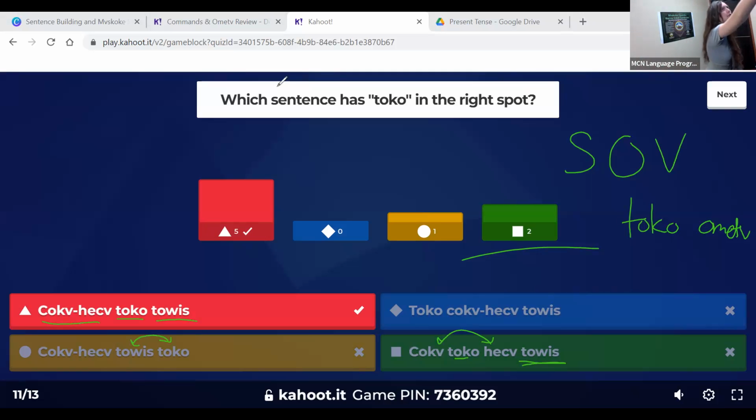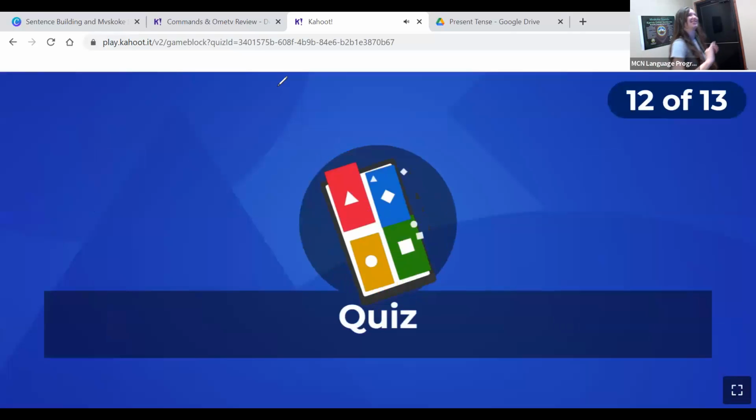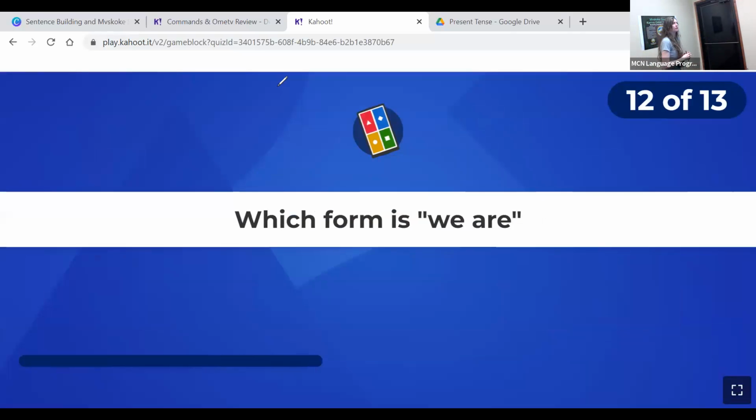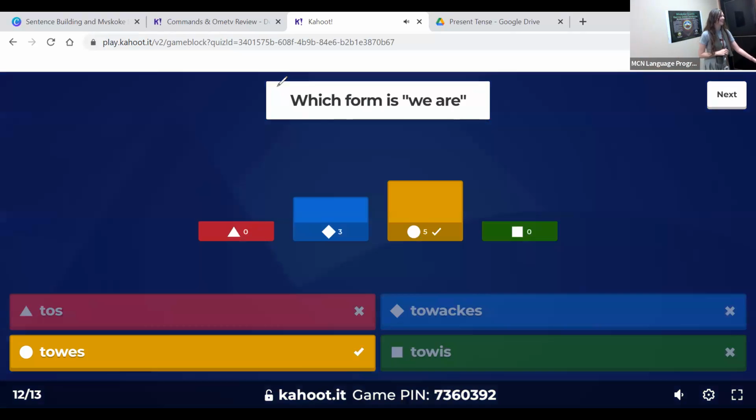Nice. I'm trying to give you some hard ones, make you really think about it. Okay, only two more. Which form is we are? Is it dos, doastes, dois, or does? Nice.